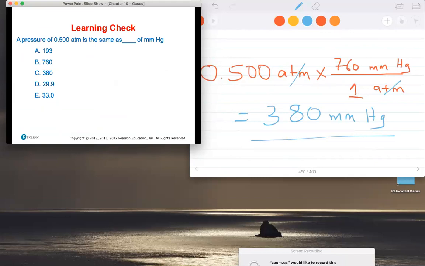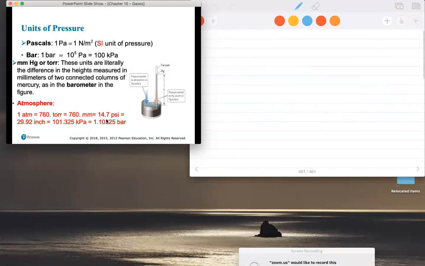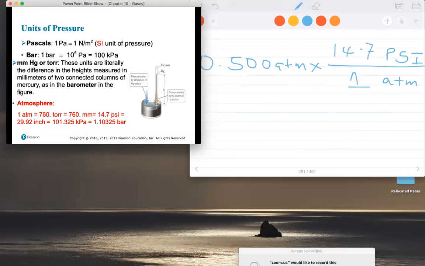If it was PSI, you use the appropriate equivalent statement. If I'm looking for pounds per square inch, I want to get rid of atm. 1 atm is the same as 14.7 PSI.